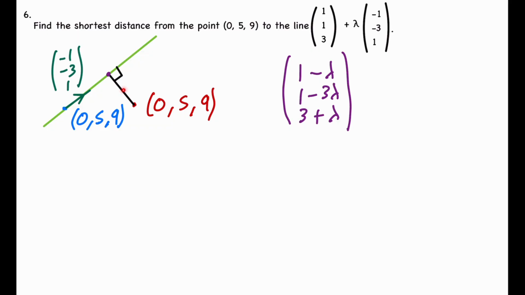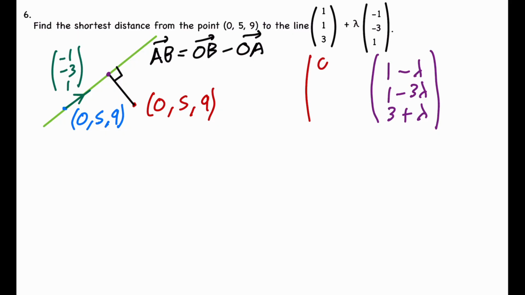To find this vector, all we have to do is find the vector joining both sides. We can just remember that AB is equal to OB minus OA, which are the position vectors of this one and this one. So we take away the position vector of this point to get the vector that joins them both.